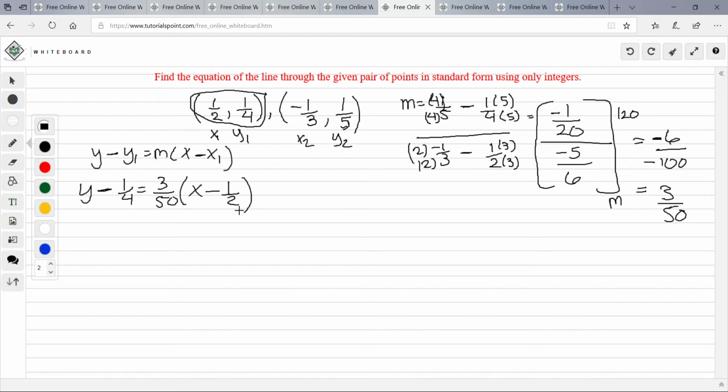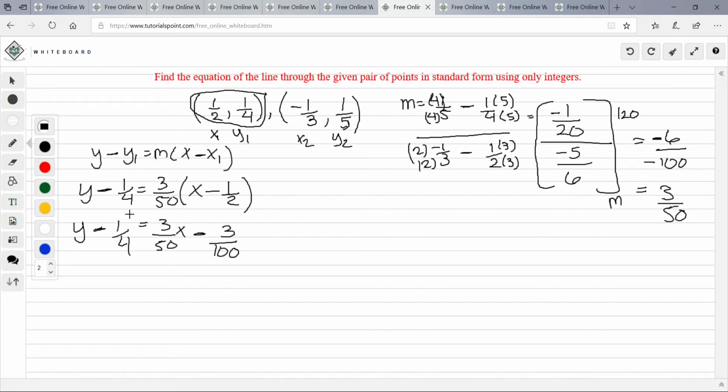So what I'm going to do now on the right is just FOIL this out. So this is going to be 3 over 50x minus 3 over 100. And then on the left, we have y minus 1/4.